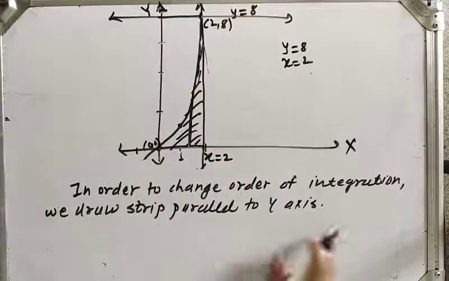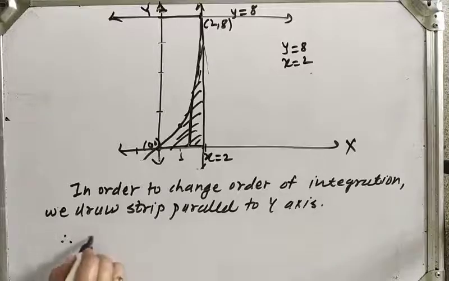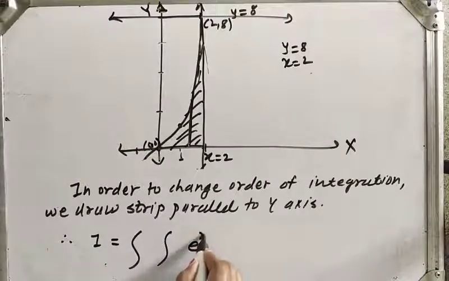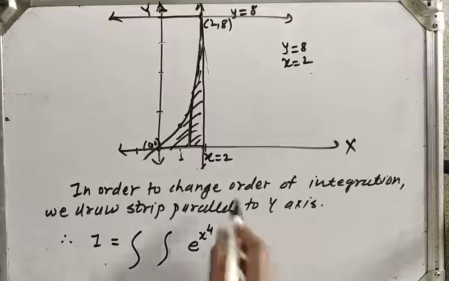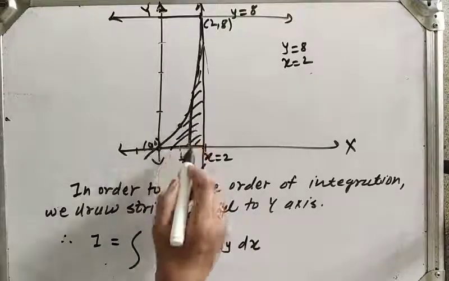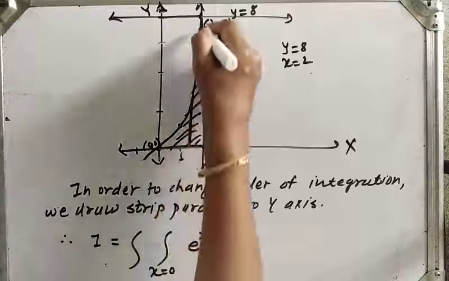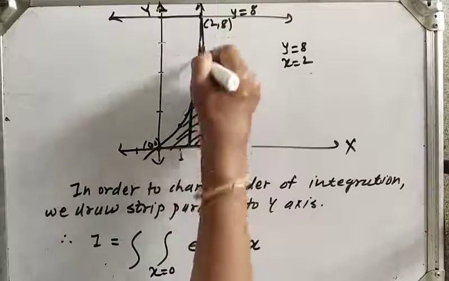Okay. Now therefore I can be written as I is equal to the double integration of the given function e raised to x raised to 4 dy dx. Here the strip touches the x is equal to 0. What is this equation?